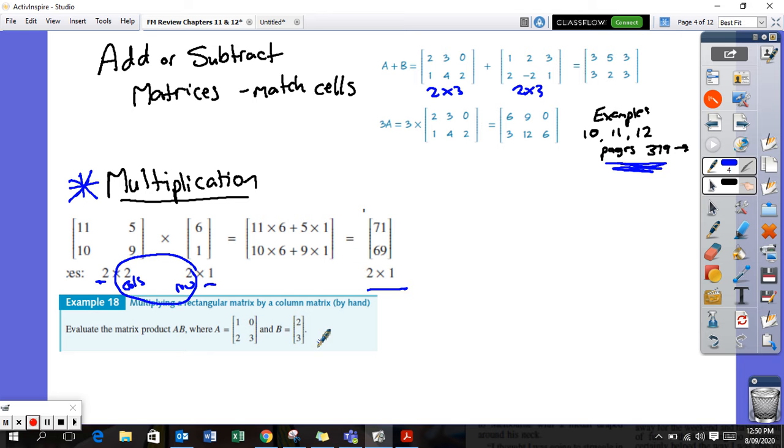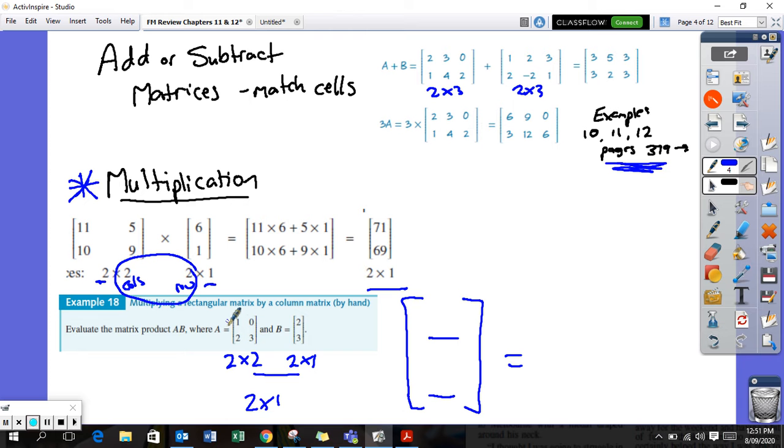Okay, so if we're going to multiply these two matrices here, we're going 2 by 2, 2 by 1. Yes, it's defined. We're going to get a 2 by 1 matrix, so we're going to get two numbers, a number there and a number there inside the matrix. First number, we're going to go this row with the column.